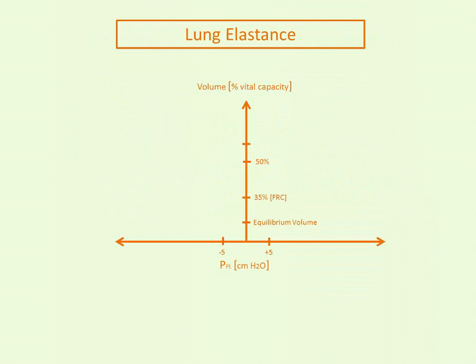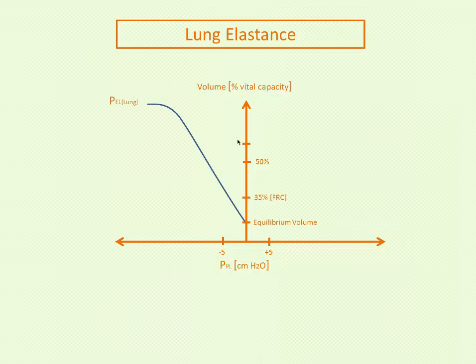So this is going to be a graph of the lung elastance curve, so it's very important here to look at what the different axes represent. The y-axis is the pleural pressure here, and this is in centimeters of water, so negative denotes below atmospheric, positive denotes above atmospheric, and then the x-axis is volume of the lung, and that's in percent vital capacity.